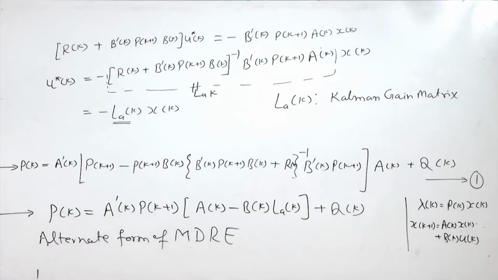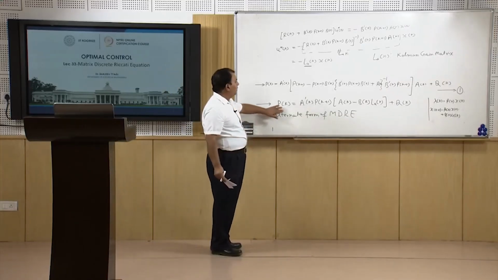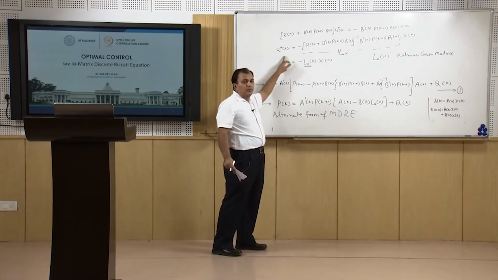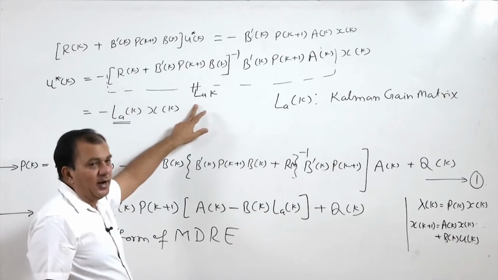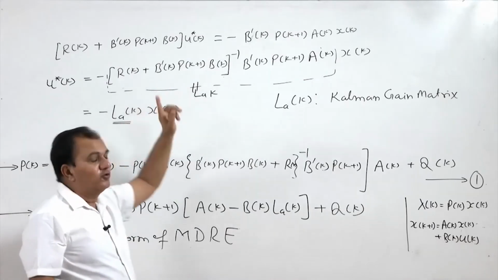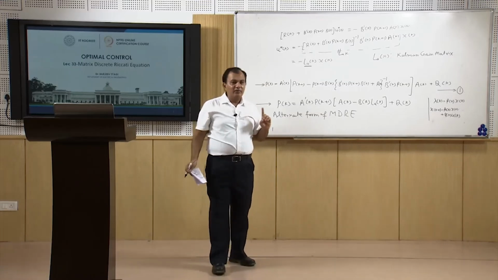So, normally we utilize this form to determine the value of P_k and to find out the value of U_k, because in this case the Kalman gain matrix which we are finding does not require the inverse of the A transpose matrix.